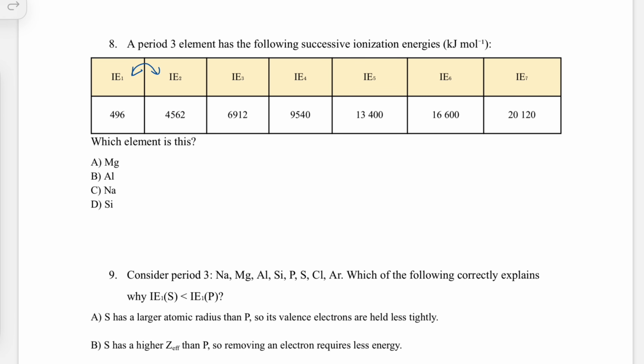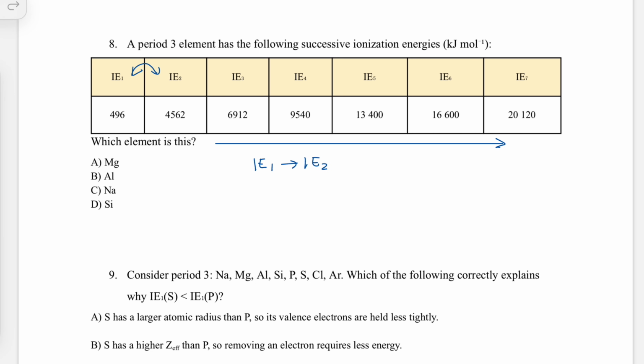And so over here, it increases in a linear fashion, but with 1 and 2, it's much bigger, and then it gets smaller and then increases here. So this is where the pattern kind of breaks. So it's between the first one and the second one. So what element is this?